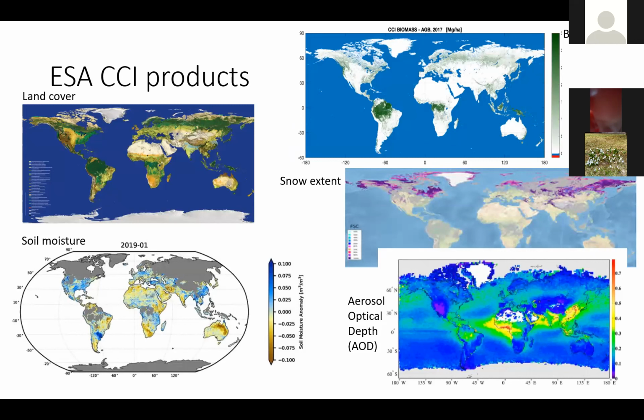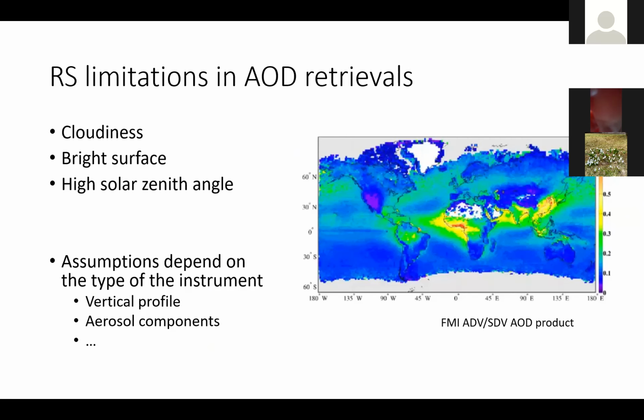Here I showed some examples of ESA CCI products. Not all are FMI products. Land cover is not an FMI product, sorry, it's a UK product. Soil moisture, snow extent, and aerosols are FMI products. And biomass is also a CCI product.